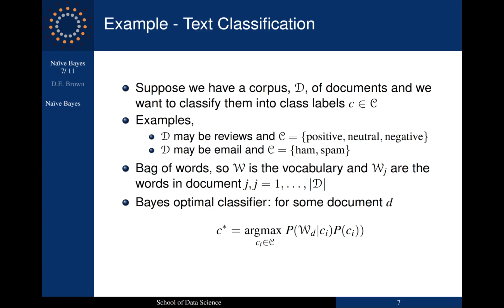Again, over and over we've seen the Bayes optimal classifier defined as the highest value for the posterior distribution. So, for example, in our review case, we would say it's a positive review if the positive class scored the highest in terms of its posterior probability.